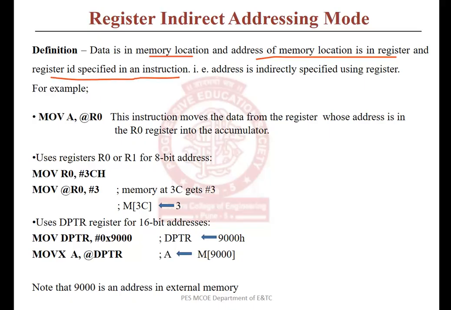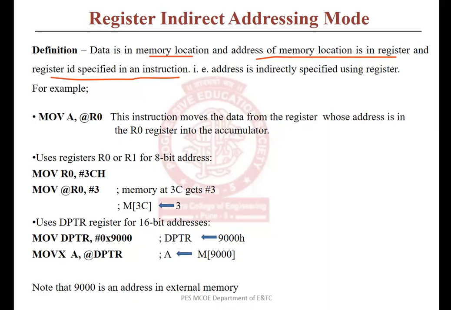Means indirectly we are mentioning the operands. Data is somewhere in memory location, address of memory location is in register, and that register is indirectly specified in an instruction. Let us understand this with the example.